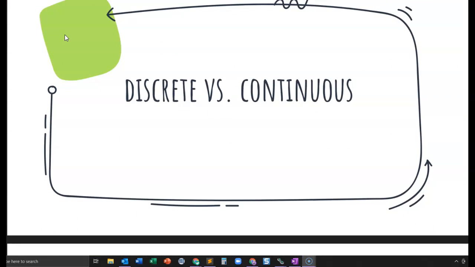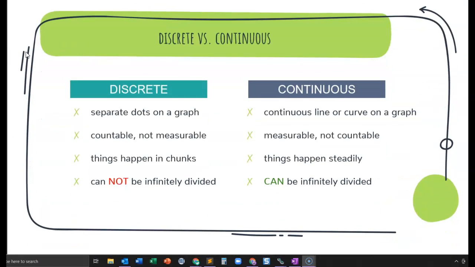First, discrete versus continuous. We did this at the beginning of the unit, so it might not be fresh in your memory, but let's do a quick review of what those things mean. When we're talking about a discrete function, there are several ways you might think of it. You might think of it as separate dots on a graph. So if we had a graph, it might look like dots.